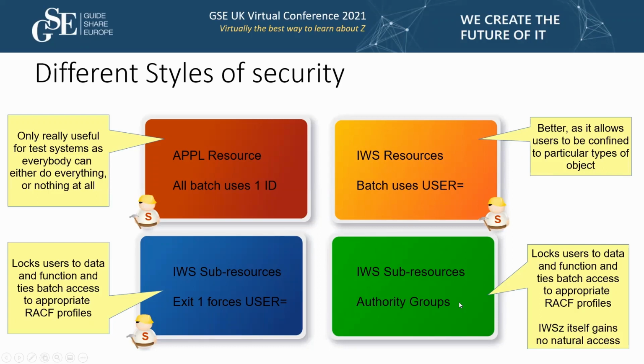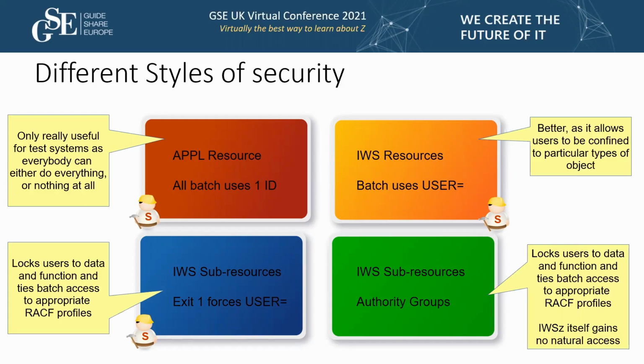Now, in RACF terms, an authority group is just a user ID that the batch runs under. But the nice thing here is because of IWS's elevated security status, it doesn't need surrogate access to use authority groups. It just launches the jobs under the user ID that this particular piece of batch is designed to work with.